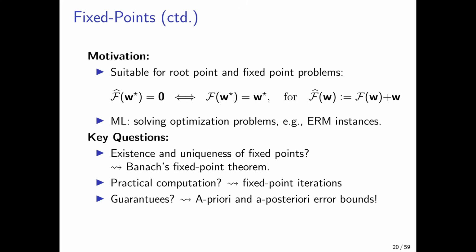Fixed points arise naturally in all kinds of applications. For us, most of all, we are interested in these optimization problems coming from machine learning, such as empirical risk minimization instances. And for instance, it should also be pointed out that every root finding problem is equivalent to a fixed point problem, because whenever we have a root finding problem of this kind here, we can simply add w on both sides, and then it becomes a fixed point problem.